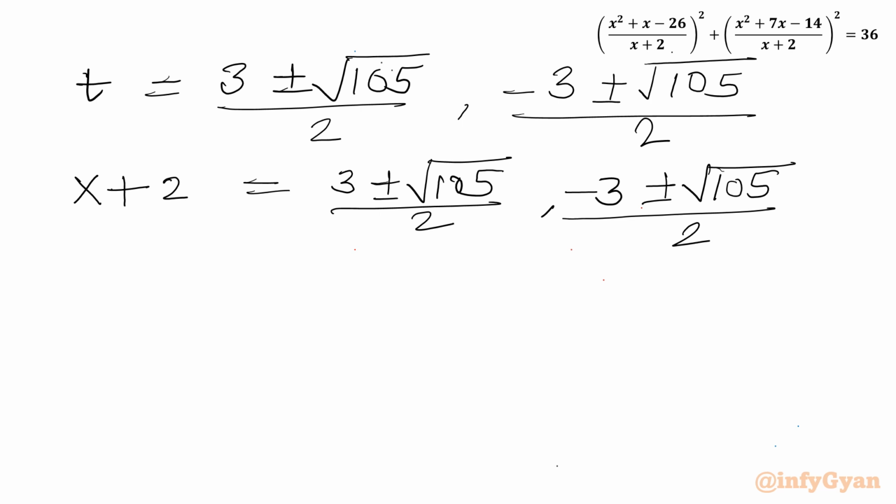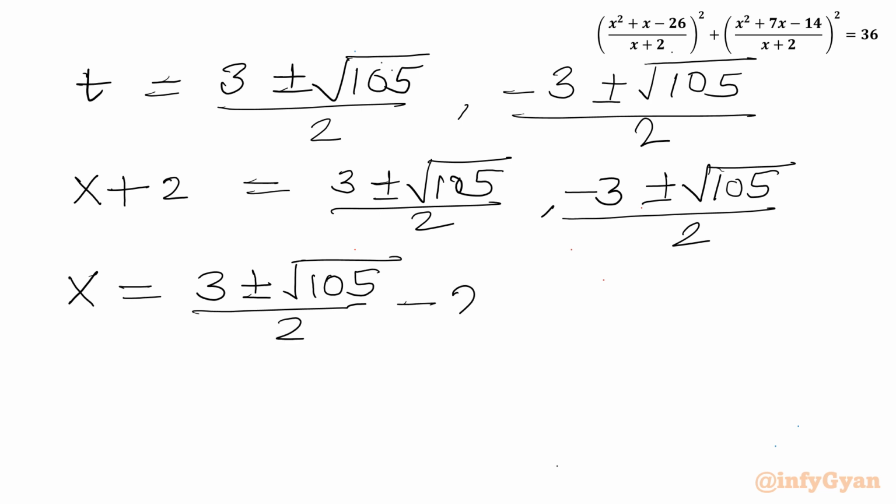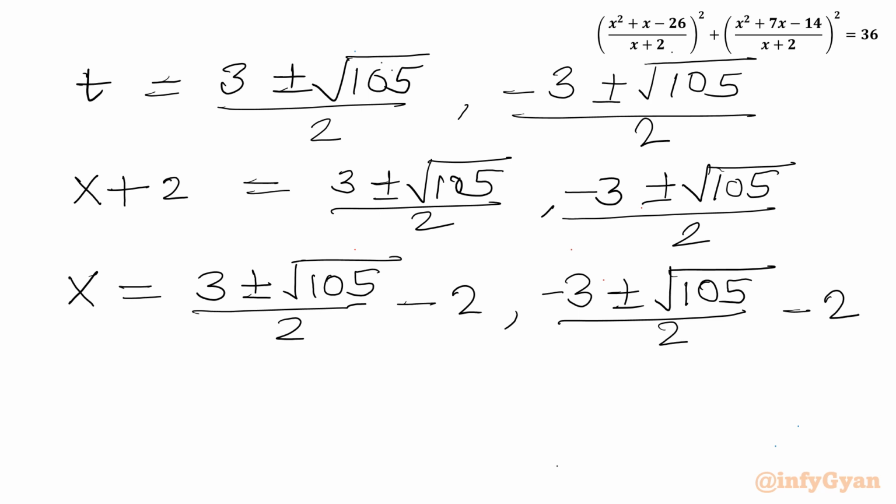Take away 2 from both sides. So x will come out (3 ± √105)/2 − 2 and (−3 ± √105)/2 − 2.